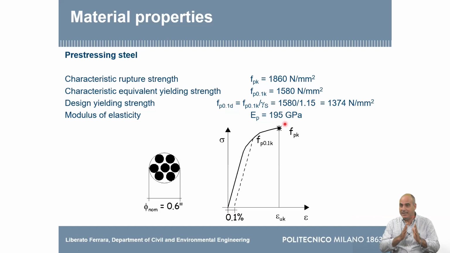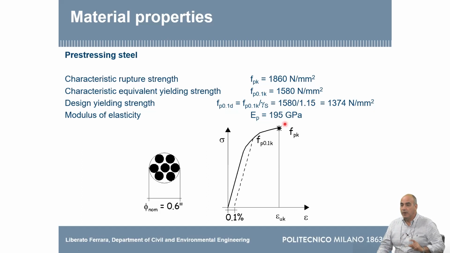It means that the dispersion of the data for steel is narrower than for concrete. Steel has an industrial process of production. Concrete, even if precast concrete is industrially produced, you still have some kind of craftsmanship in that. So you have a higher dispersion. Steel has a narrower dispersion, and this results in a lower partial safety factor.